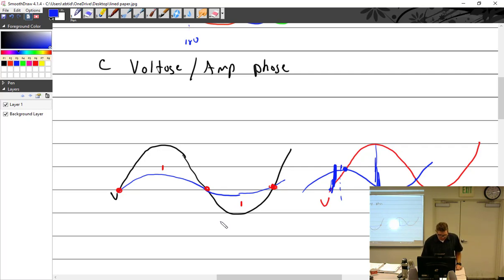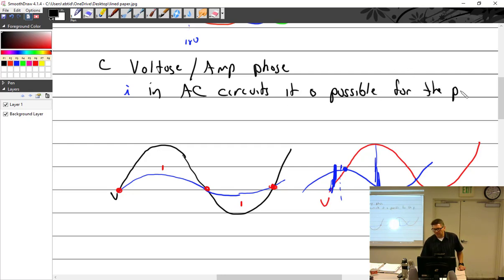All right, so in AC circuits, it's possible for the peak voltage to happen at a different time than peak amperage. So, 1. In AC circuits, it is possible, not desirable, for the peak voltage to happen at a different time than peak amps.